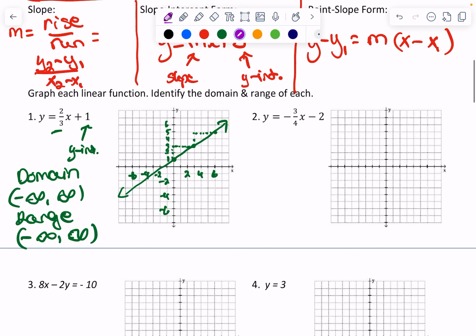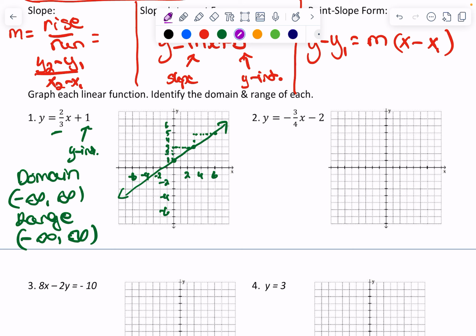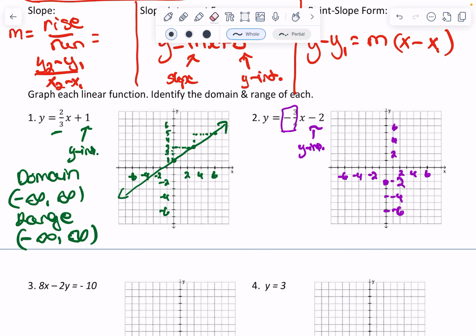Okay, next one. We have our y-intercept is now negative 2. So we're going to go down here. Negative 4, negative 6, 2, negative 2. This one's 2, 4, 6. And 2, 4, 6. Negative 2, negative 4, negative 6. And then our slope is negative 3 fourths.